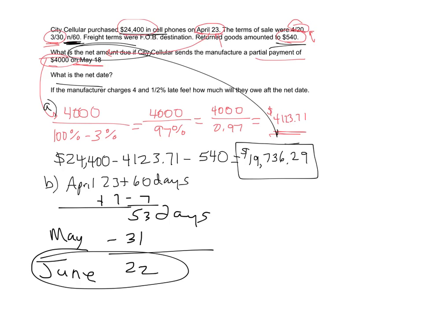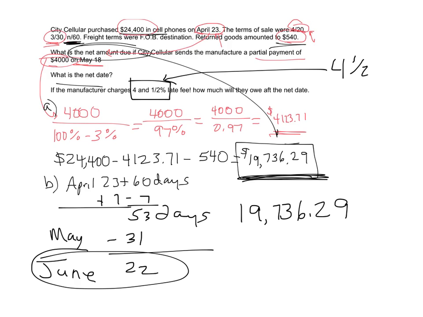And then finally, last, it says if the manufacturer charges 4.5% late fee, how much will they owe after the net date? Well, I take what I got here in Part A, the $19,736.29, and I take 4.5%, which in decimal would be 0.045, and I multiply that here.